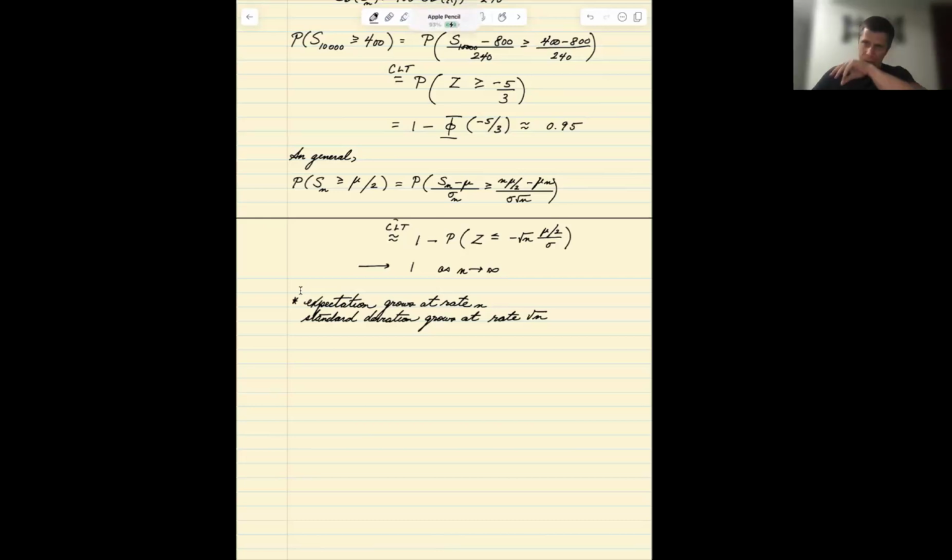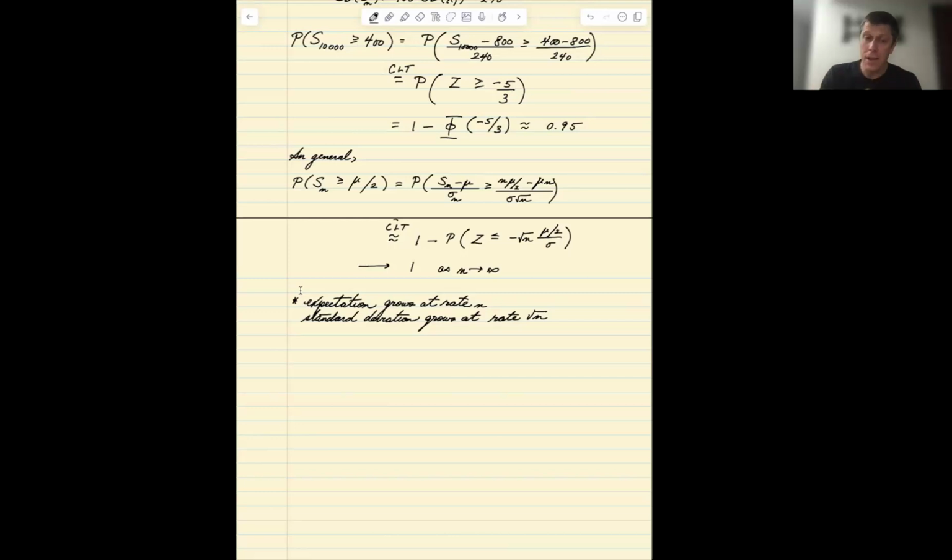Eventually the expectation overtakes the standard deviation, and it's extremely unlikely that the house would win less than half of its expectation. In fact, it's virtually impossible for large values of n.